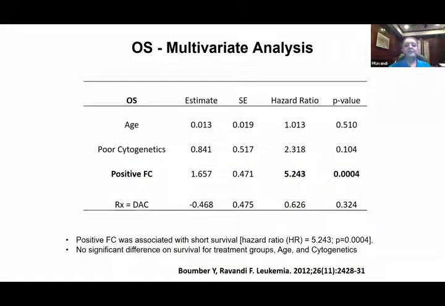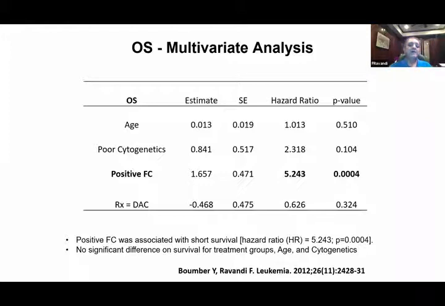And in fact, in multivariate analysis, positive flow cytometry was the only highly significant predictor of outcome. The use of decitabine was not. So it just shows you the importance or strength of flow cytometry MRD in predicting outcome.